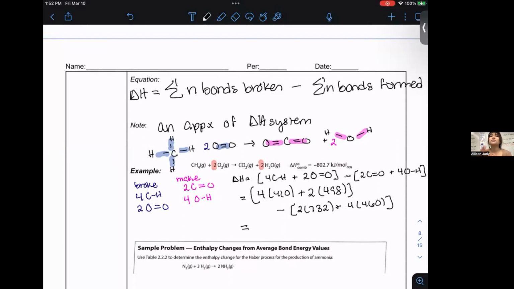So you're going to subtract and see if it took more energy to break your bonds than it released in forming the new bonds. So mathematically, if your bonds broken value is greater than your bonds formed value, it represents an endothermic reaction, where it took more energy to break the bonds than it did in making the new bonds. Okay? That's why.